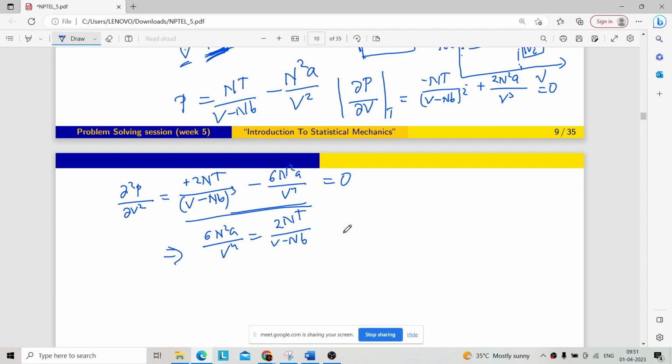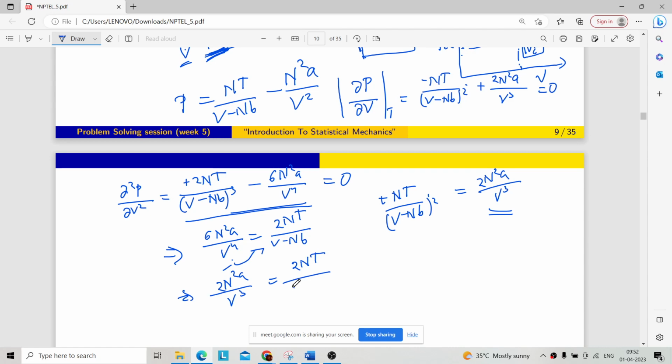And from the first equation I have minus NT by V minus NB whole square equal to plus 2N square A over V to the power cube. So you see similar terms here and here. I can do one thing: I can take this V to here, and 3 to downstairs. Then I will have 2N square A over V cube as 2NT over 3 V minus NB, right?